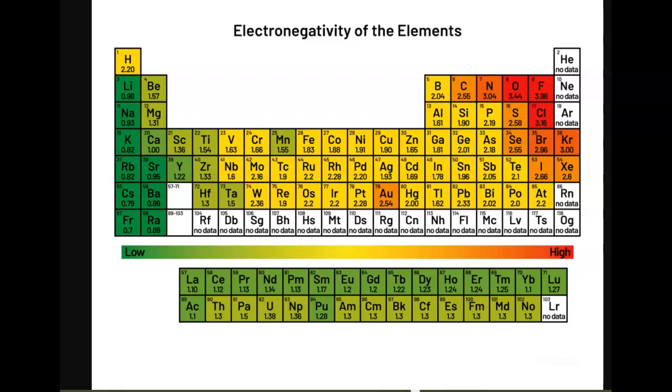These numbers like 2.20, 0.98, these are electronegativity values. And we can actually compare electronegativity. For chlorine it is 3.16, and for hydrogen it is 2.20.